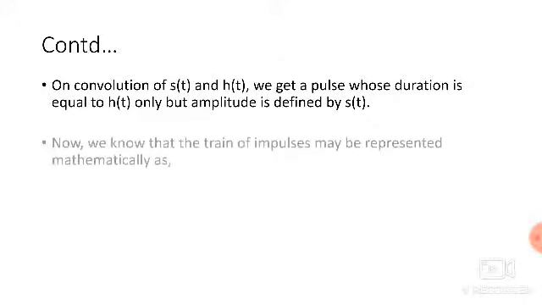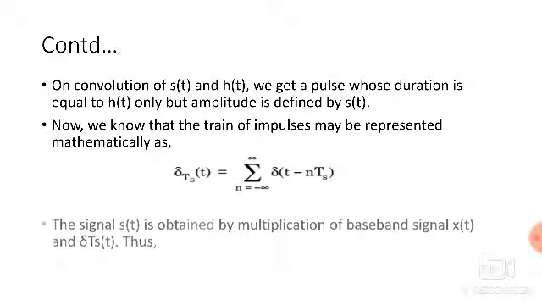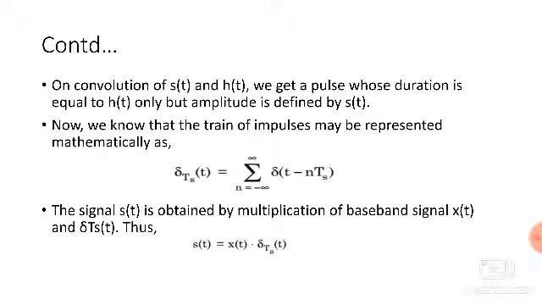Hence in flat top sampling we get the sampled signal as the convolution between these two signals. Convolution in the time domain corresponds to multiplication in the frequency domain. So g of t is equal to s of t convolved with h of t.